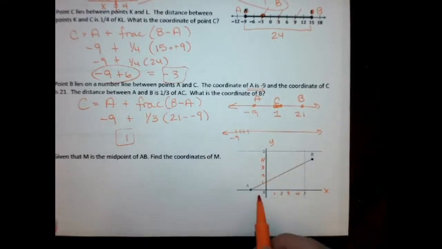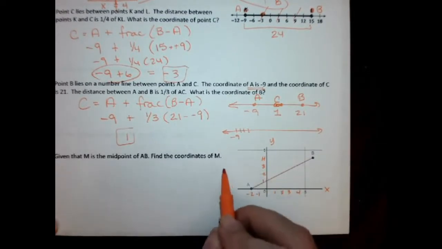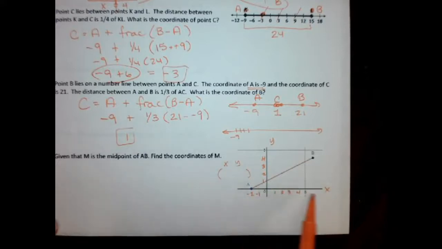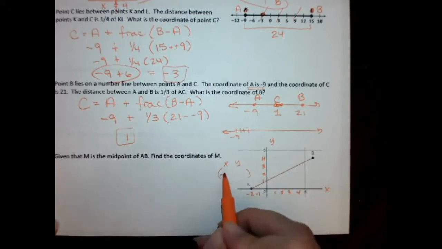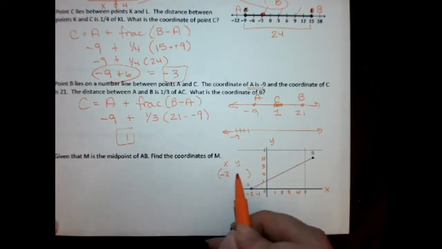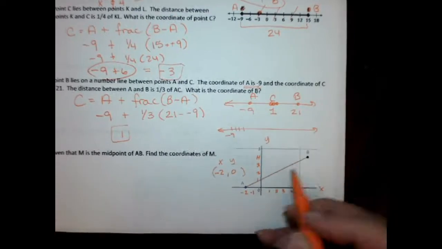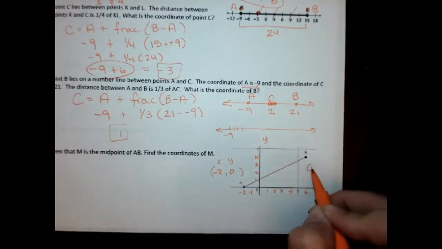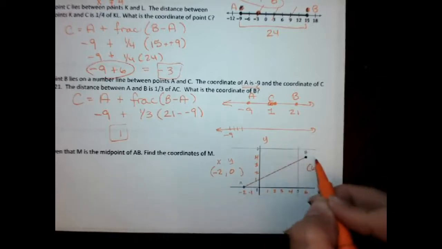And remember that when I'm doing where coordinates are, the first one is the x and the second one is the y. So the first one is saying how far along this line is it? Well, this one is this way, negative 2, and it's up 0. This one over here is along the x line. It's at 6, and it's up 4. So remember, that's always x and y.